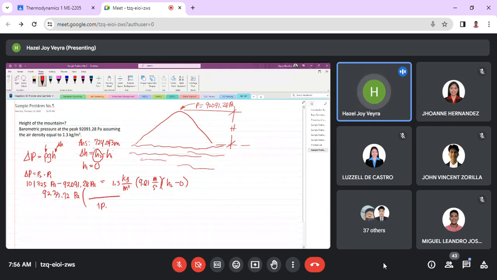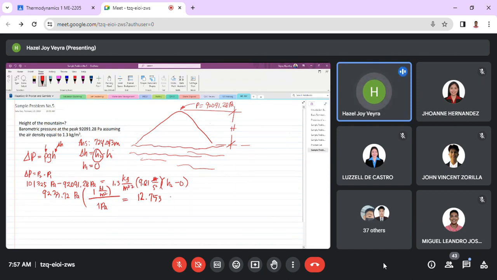So here we have 1 Pascal equals 1 Newton per meter squared. 1.3 times 9.81 is 12.753.